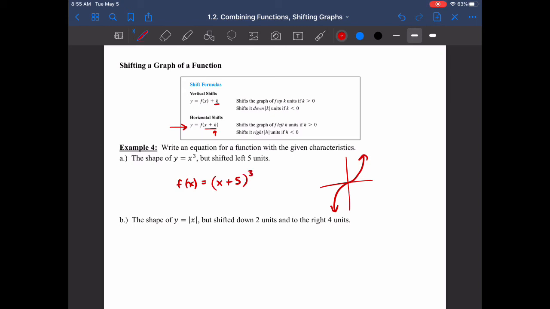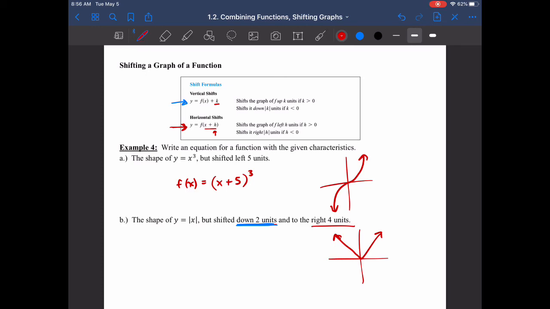And this next one, the shape of absolute value of x, which again you should know is that V shape, like this. But shifted down 2 units, so this is a vertical shift, and we're going to do exactly what is there. Let me underline that. This is shifted down 2 units, so that's this right there. Whereas this one is right 4 units, so again, that's the horizontal shift. I'll do that in red.